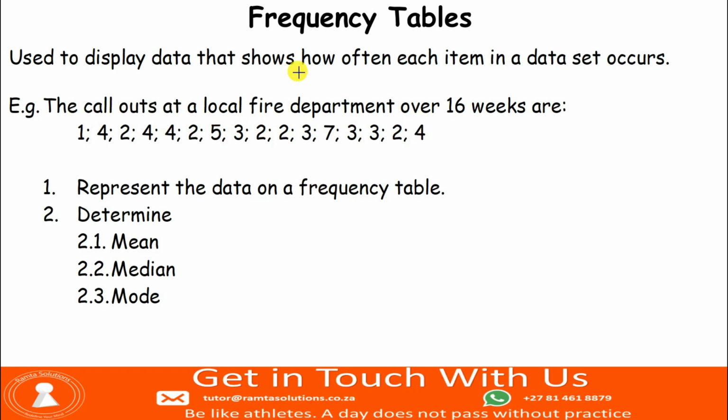Perfect. In understanding this data, it says that in a certain week, it might not necessarily be week 1, maybe the data is just put randomly. In week X there was 1 callout, week Y there were 4 callouts, week Z there were 2 callouts, and so on.